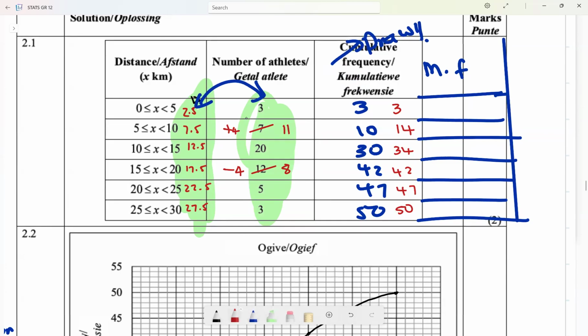Sorry, it's going to be 2.5 multiplied by 3, still 7.5. Then 7.5 multiplied by 11, 82.5, and 12.5 multiplied by 20. Guys, you need to multiply by the new frequencies. Can you see the new frequencies here? Not the 7, but now they changed. Okay.